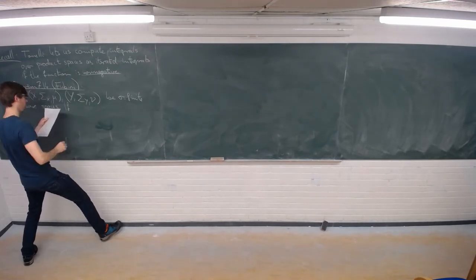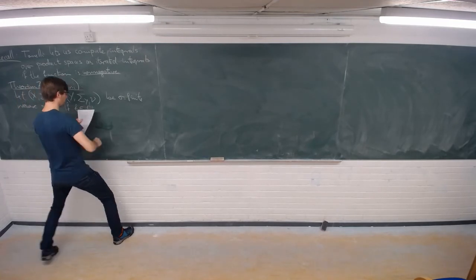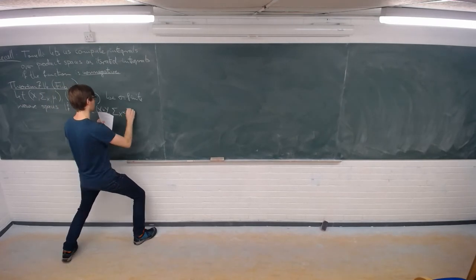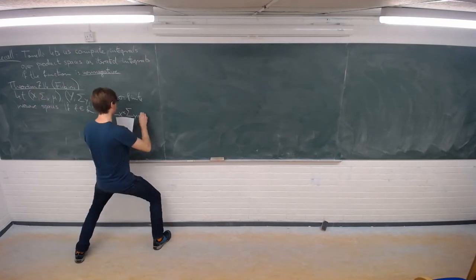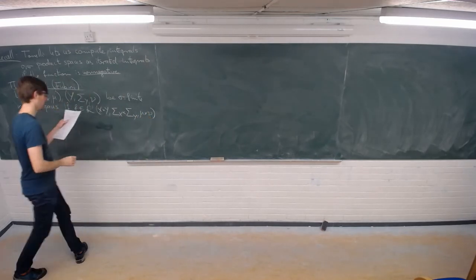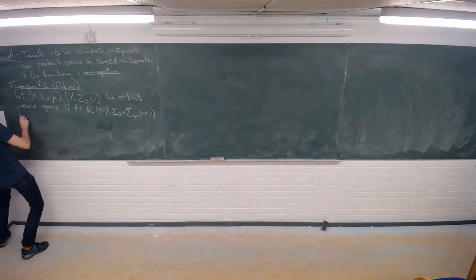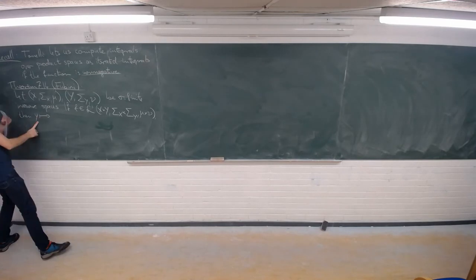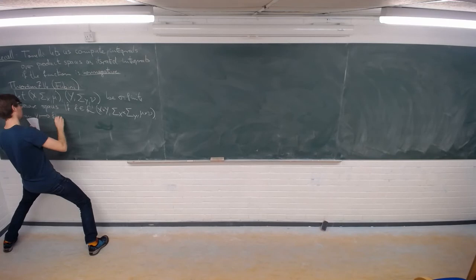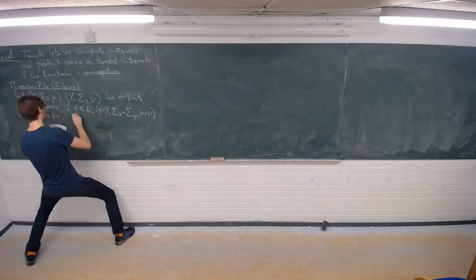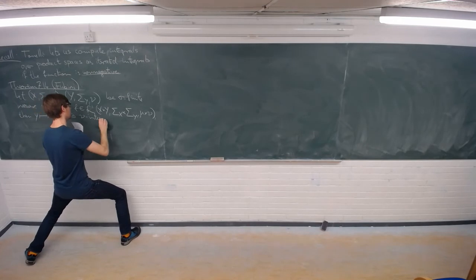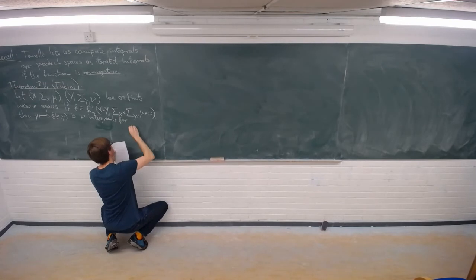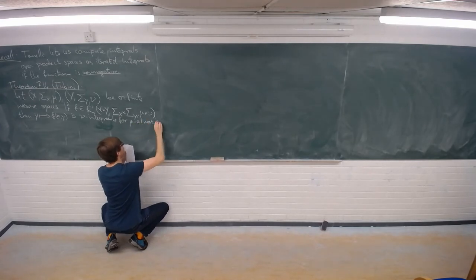And then if f is in L1 of X times Y, with the product sigma algebra Σ_X times Σ_Y and the measure μ times ν, then the function that maps y to f(x, y) for fixed x is ν-integrable for μ-almost all x.